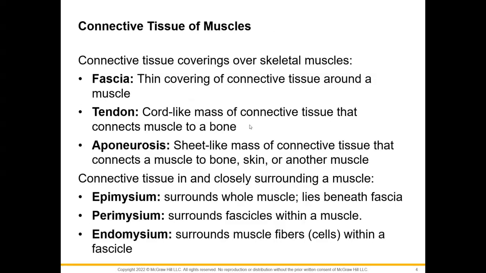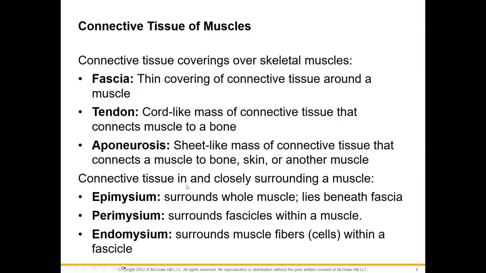The connective tissue part of the skeletal muscle includes the fascia. This is a thin covering of connective tissue around the muscle. And then tendons. These are cord-like masses of connective tissue that connect the muscle to a bone. And aponeurosis, which is a sheet-like mass of connective tissue that connects the muscle to bone, skin, or another muscle.